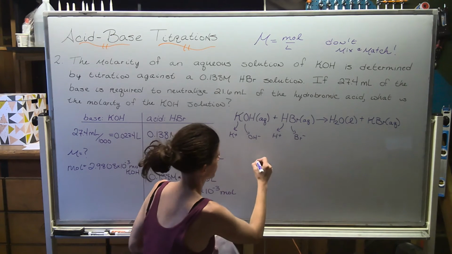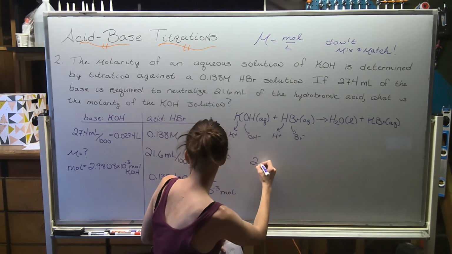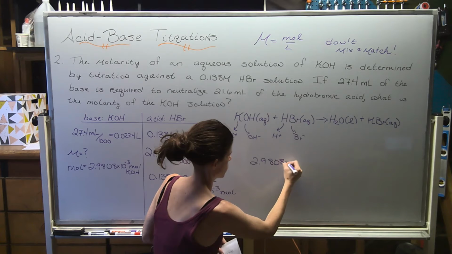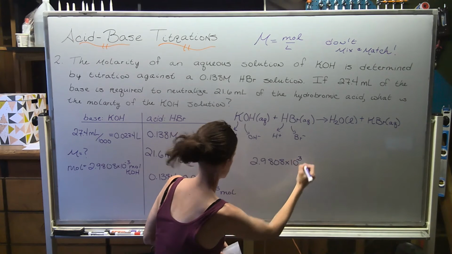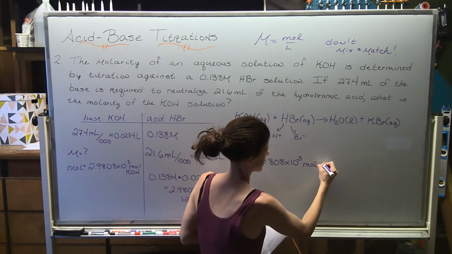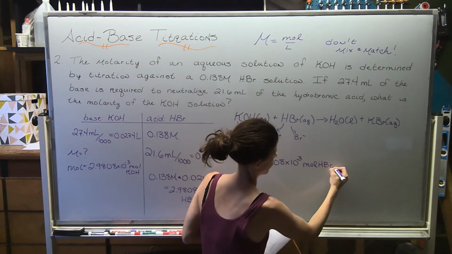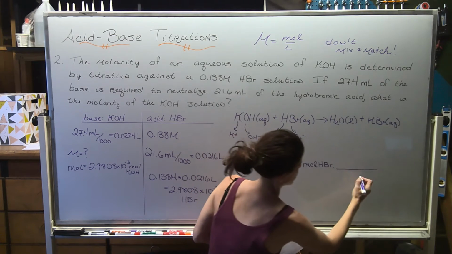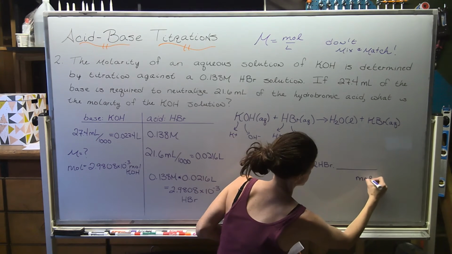However, if you want to be 100% sure, or you want to see how that works, we can write the hydrobromic acid, because that's the one we were able to solve for with the given information. Try to get rid of moles of hydrobromic acid.